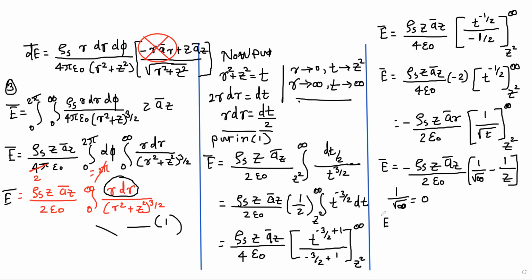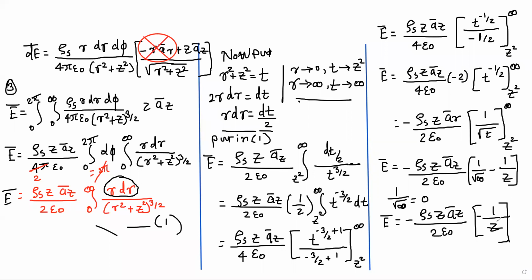So the electric field intensity E bar is equal to minus rho s z a bar z divided by 2 epsilon naught. Here I can write 1 upon, this is minus, minus, minus 1 upon z, right?